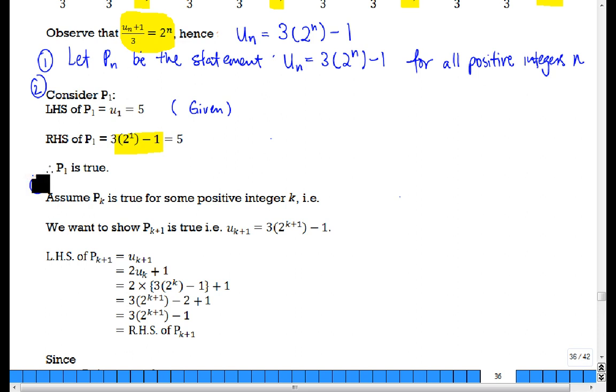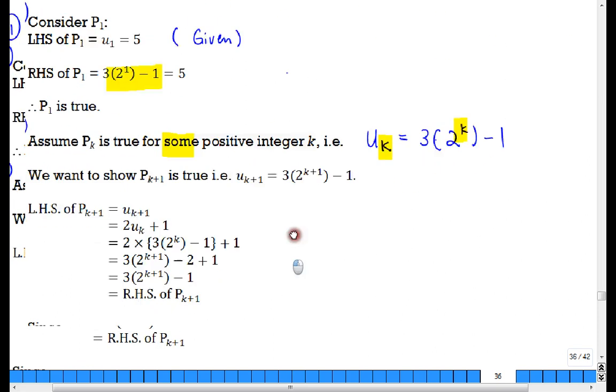What does it mean? That means Uk equals to 3 times 2 to the power k, minus 1. Correct? I cannot emphasize this enough. We are only assuming for some k. Yes, I just changed the n to k. So, okay, all printed. So better pay attention, okay?